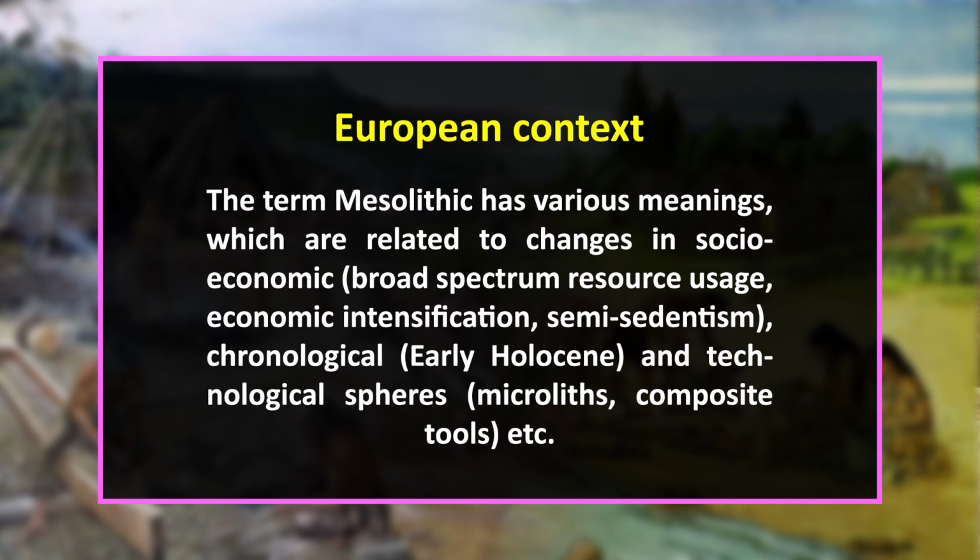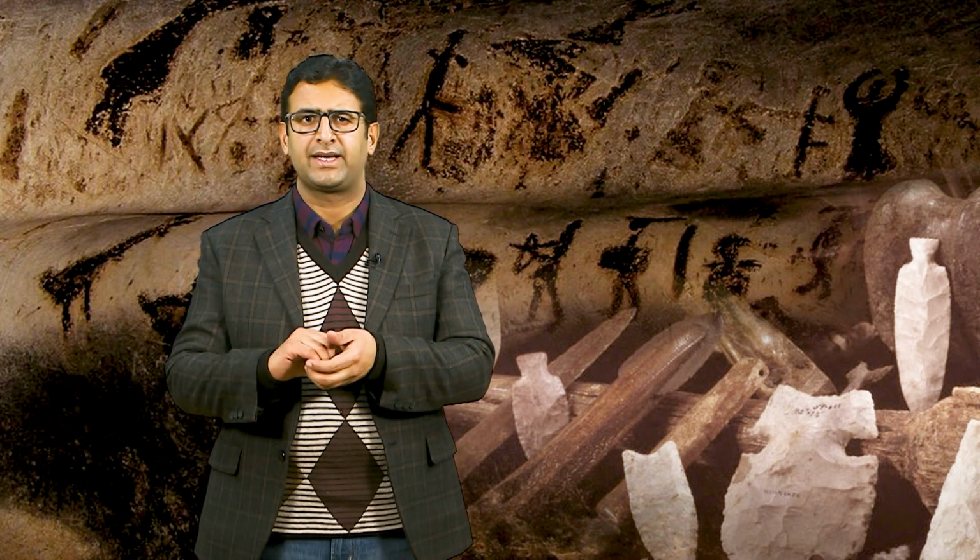Some academicians have restricted the term Mesolithic to northern and western Europe, where populations evolved to rely on forested resources for their subsistence, engaging in hunting, gathering, fishing and employing composite tools before the arrival of actual domestication of plants and even animals.